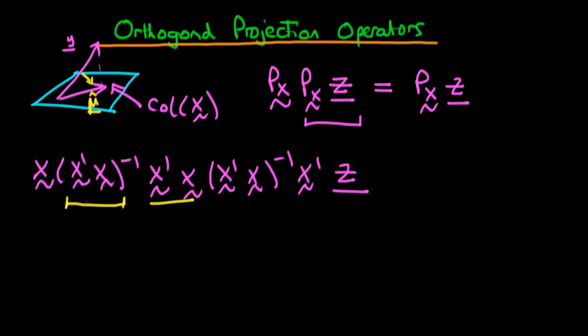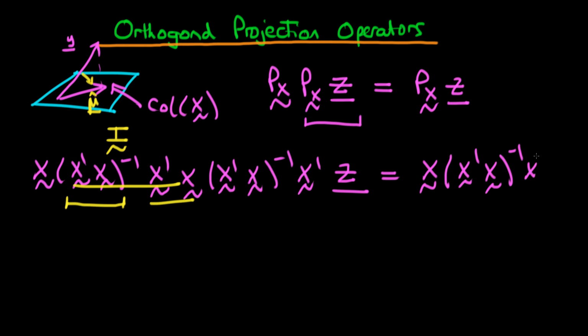So these two terms just disappear and yield the identity matrix, which passes through everything else. Then we're just left with X times X primed X to the power minus 1 times X primed of Z, which is just the original projection operator operated on Z.